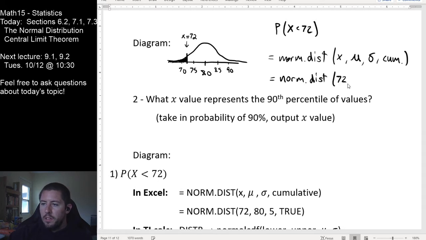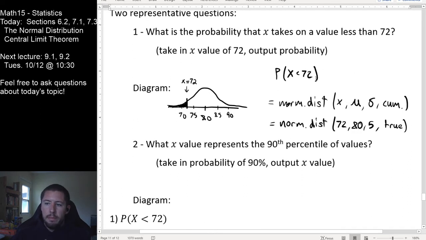Our x value of interest was 72, our average was 80, our standard deviation when I did it correctly was 5, and our cumulative was true because we are accumulating all the probability up to 72. Anything up to 72 would satisfy our probability of interest. All x values less than 72, we wanted to accumulate their probability. And so what we ended up finding was 5.48.